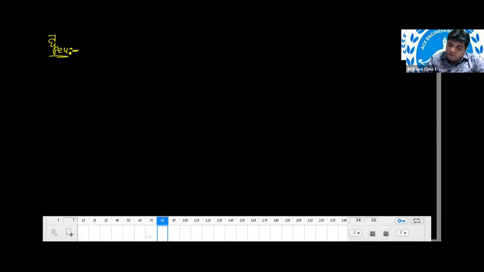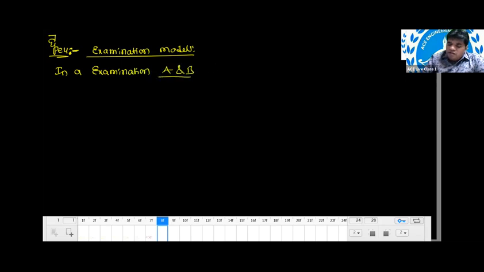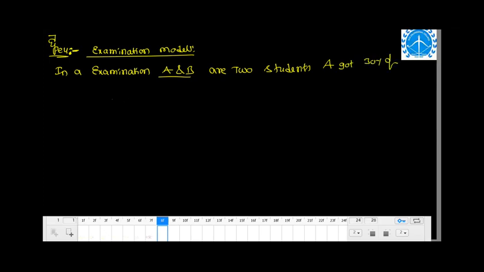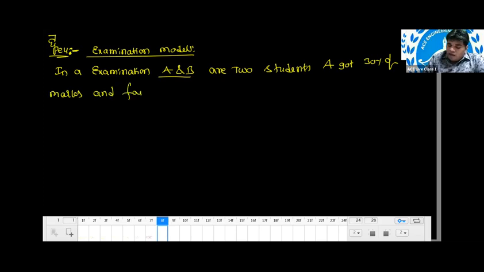Type 4. Examination model. In an examination, A and B are two students. A got 30% of marks and failed by 10 marks.